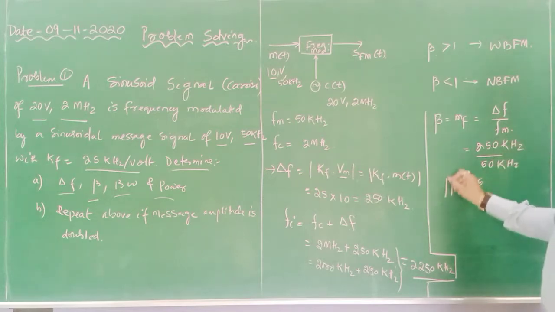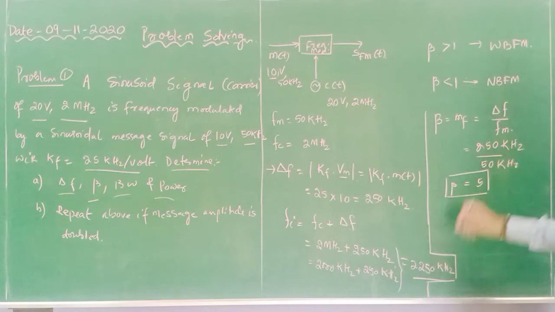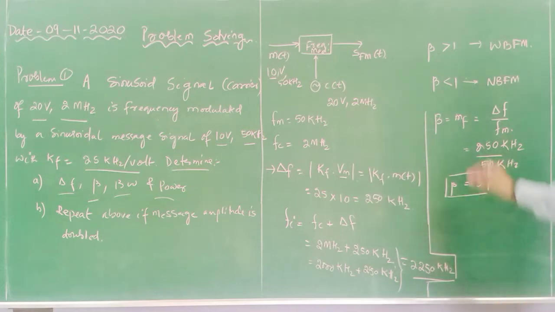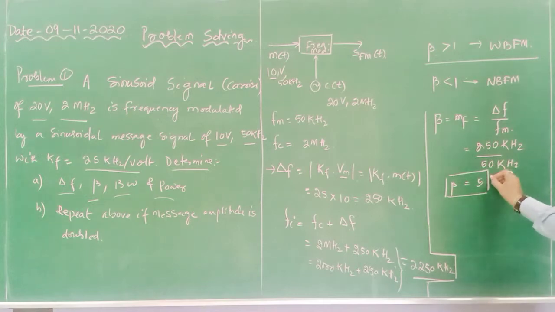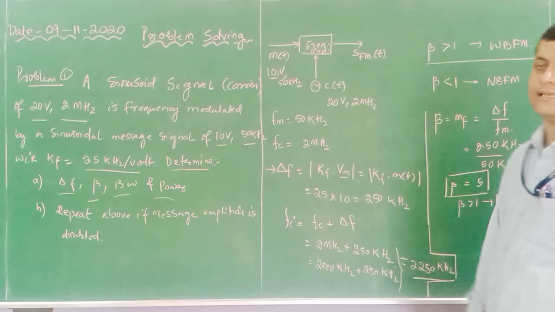So the beta value is 5. That means beta is greater than 1, so whatever signal we are generating is called a WBFM signal.